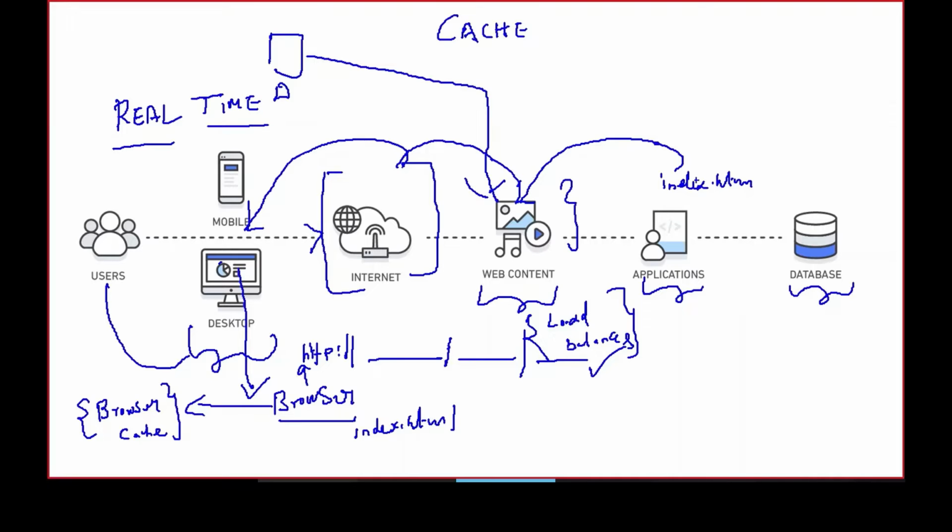He won't go to this application and search for index.html again. This software will also be maintaining a cache for itself, a web cache. So a second or subsequent request for the same resource will be served from the cache memory itself for the other people. So this is the cache maintained at the application server level, and the first level is at the browser level.